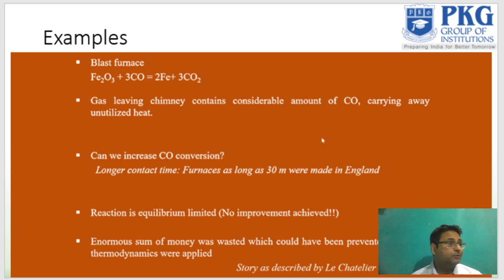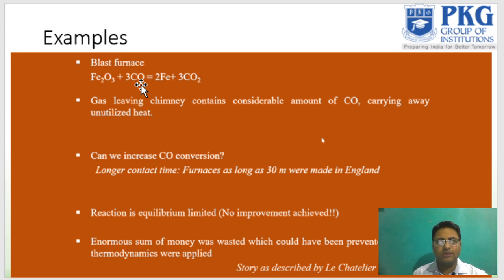Iron is produced by the reduction of iron oxide by carbon monoxide. You are seeing this reaction, which is iron oxide reacting with 3 carbon monoxide, and we are generating 2 iron and CO2.